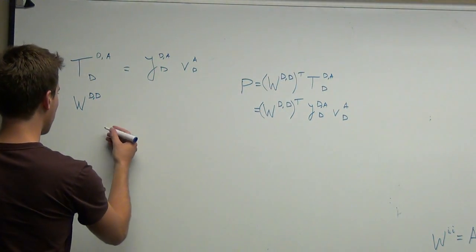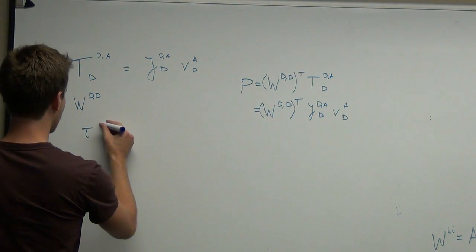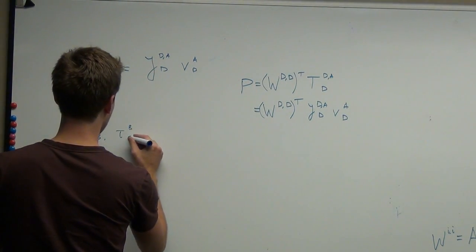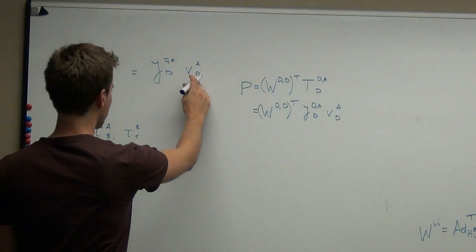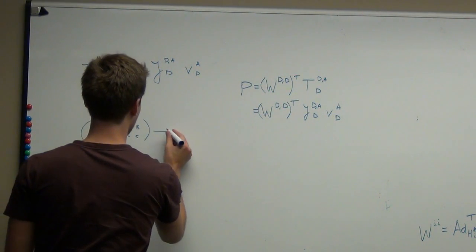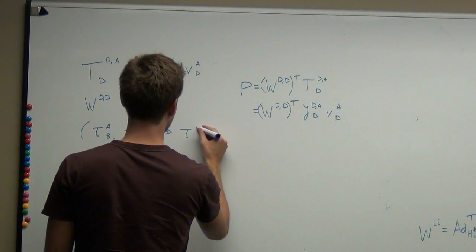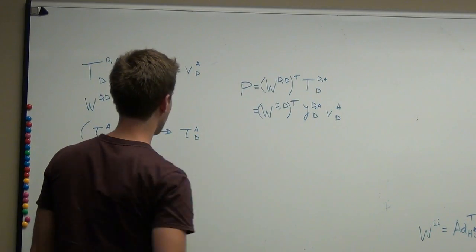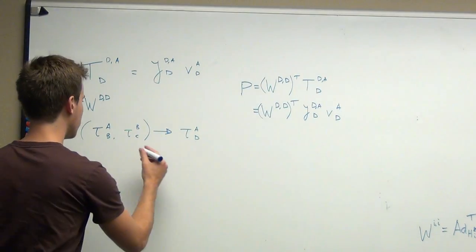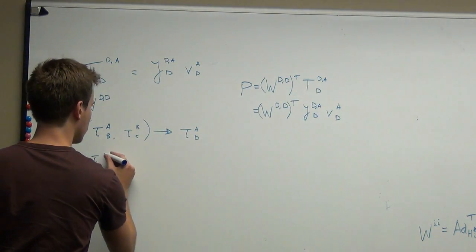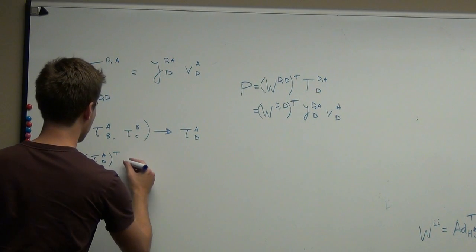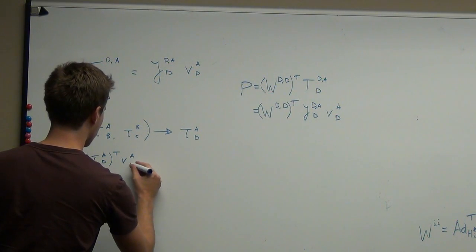So for each of the joints you have a tau, for example tau A to B, tau B to C. And you can do the same thing as with the velocities and put them all in one vector, tau from A to D. And the mechanical power should be tau A to D transpose times V A to D. Right?